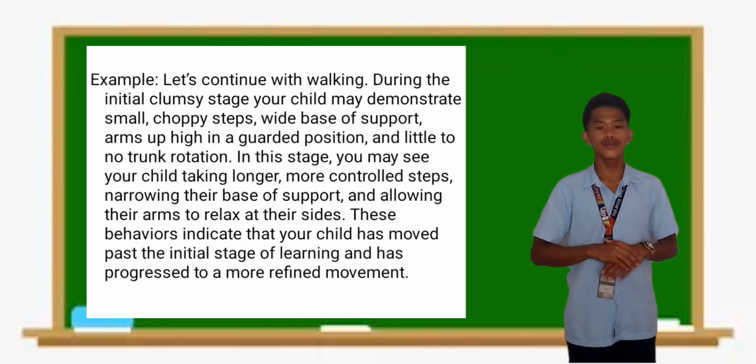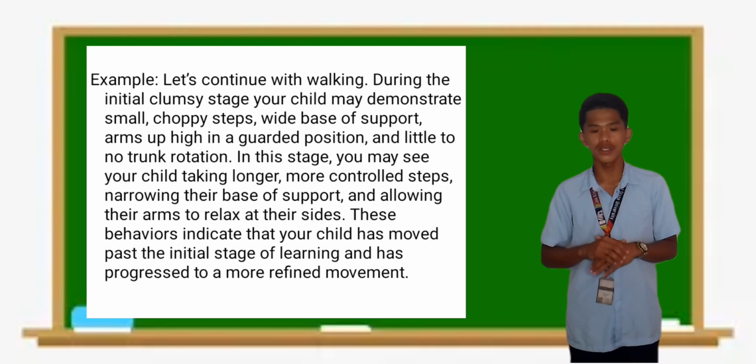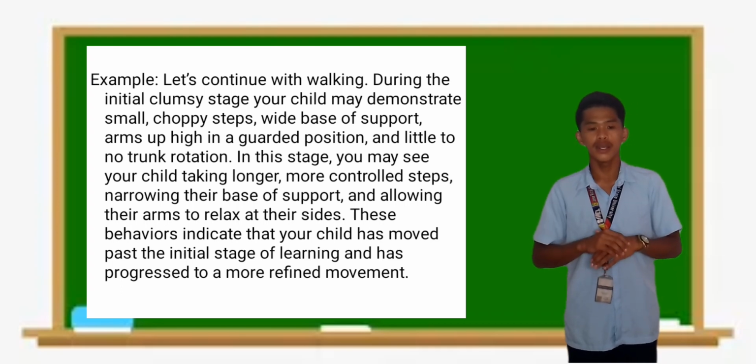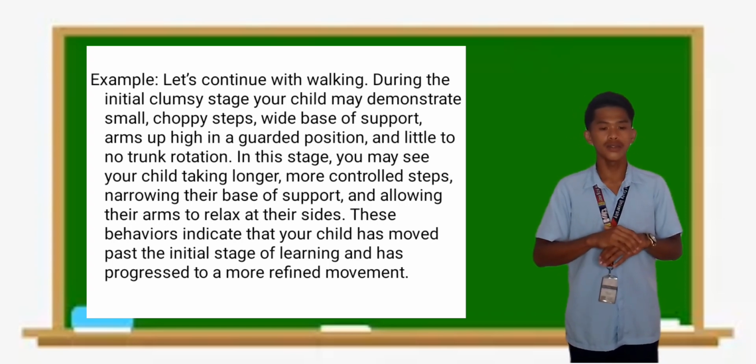Example, let's continue with walking. During the initial clumsy stage, the child may demonstrate small, choppy steps, a wide base of support, arms up high in a guarded position, and little to no trunk rotation.